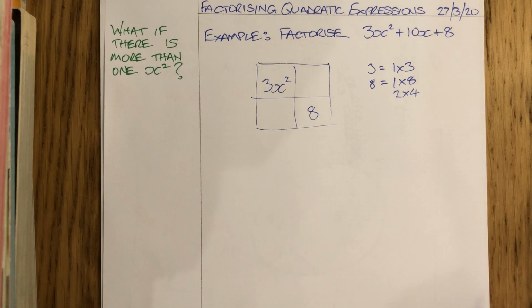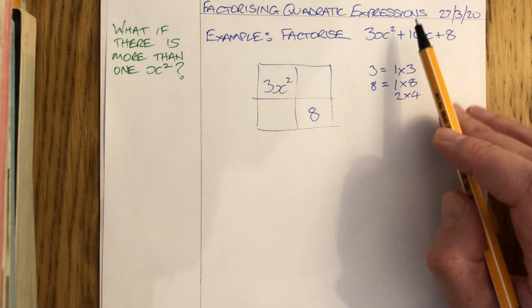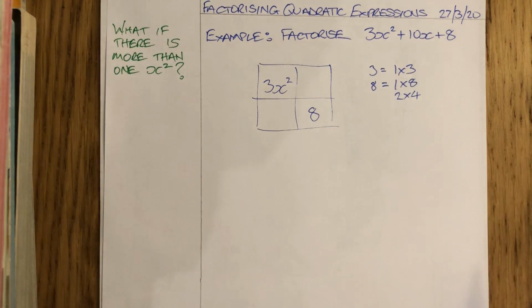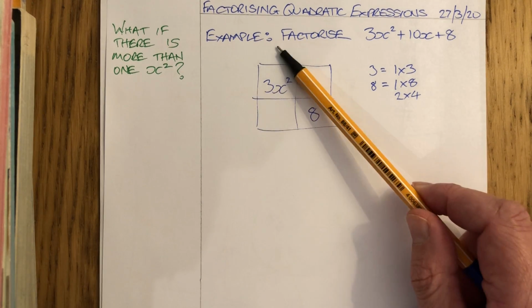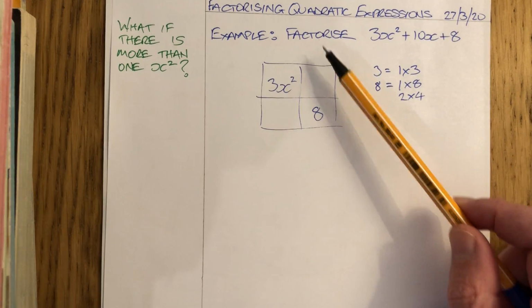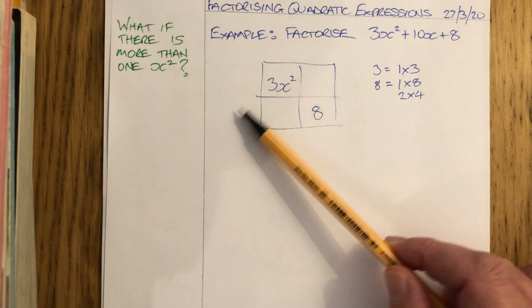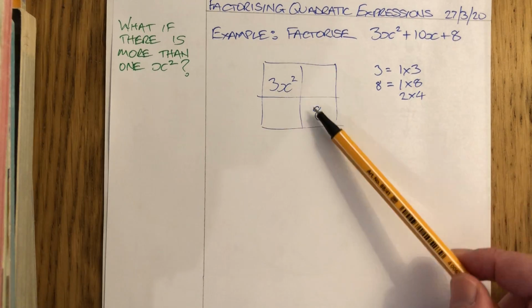Now, it's going to be a bit more complicated than what we've done so far, but all the signs are positive, so I know that I'm going to be adding. There's not going to be any subtraction involved here. All right, now, this is made by doing this times this. This is made by this times this. This times this makes this, and this times this makes this.